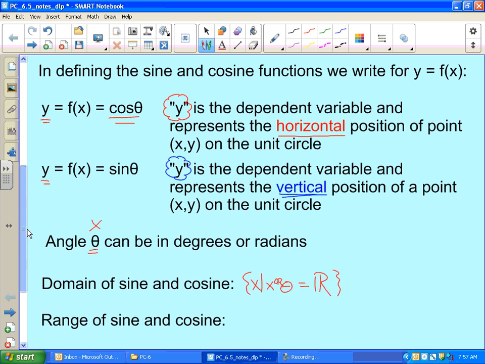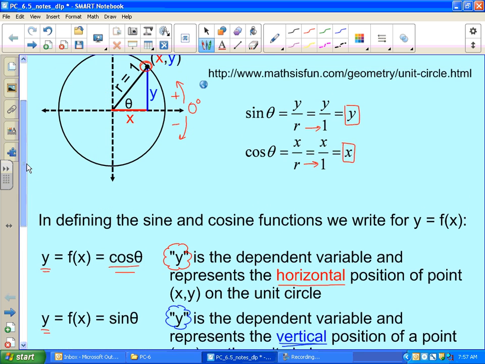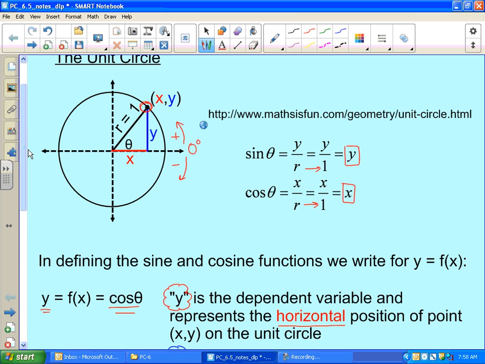Now the range is a different story. And let's go back up to the unit circle to look at this. So as we move our point around this circle, you'll notice that in terms of the y values, our circle maxes out at a 1, and then it has a minimum value at a negative 1.